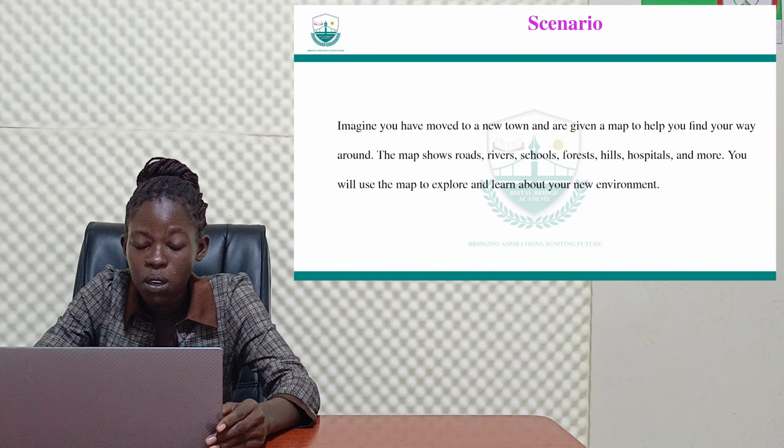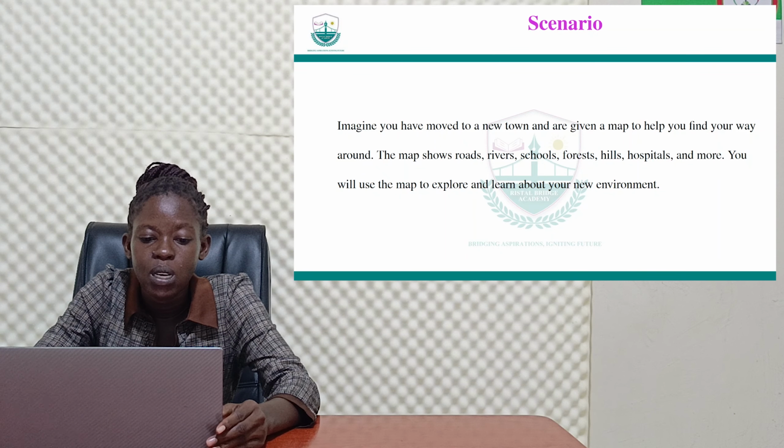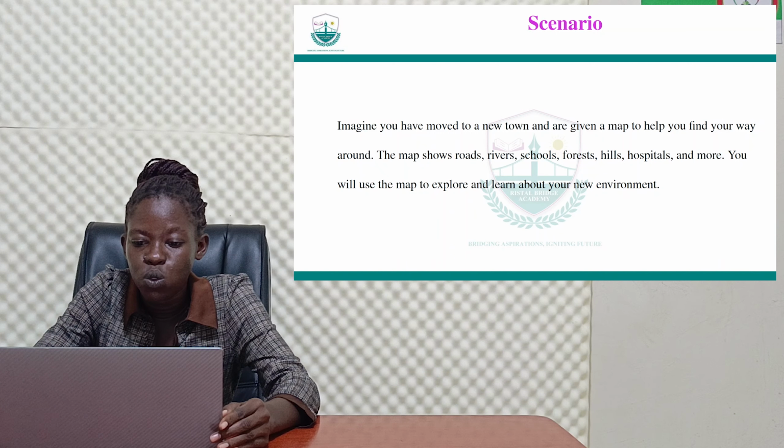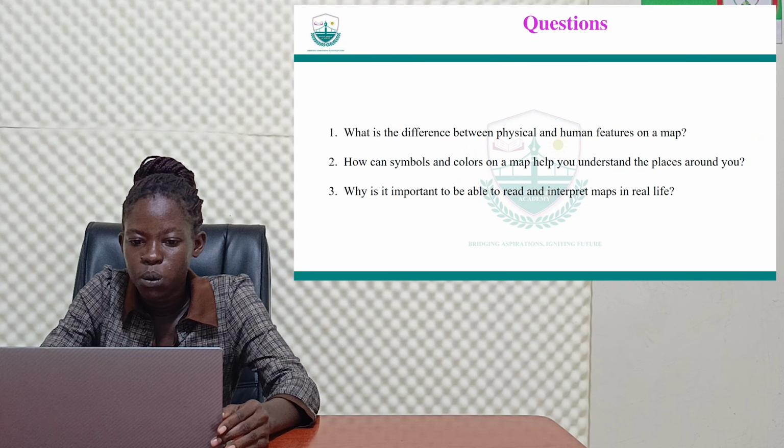So let's have a look into this scenario. It says, imagine you have moved to a new town and are given a map to help you find your way around. The map shows roads, rivers, schools, forests, hills, hospitals, and more. You will use the map to explore and learn about your new environment.